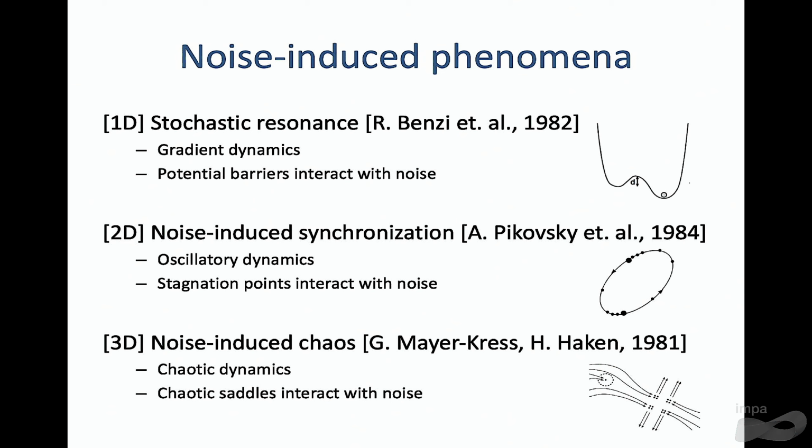This kind of transition has been extensively studied since the 1980s. The most well-known one, where 1D, 2D, 3D is like the dimension of the deterministic part, is stochastic resonance, probably the most well-known noise-induced phenomenon. It starts from gradient dynamics, and the potential barrier is moving with some period. Then if we add optimal noise, this internal dynamics time scale matches the external force.